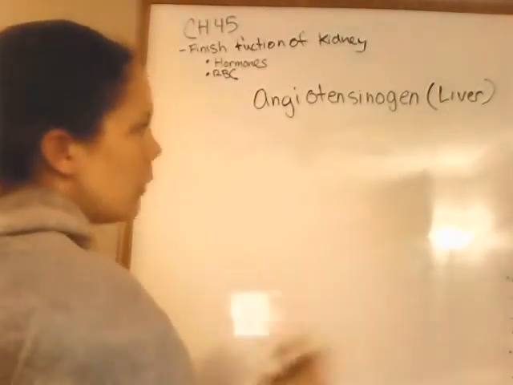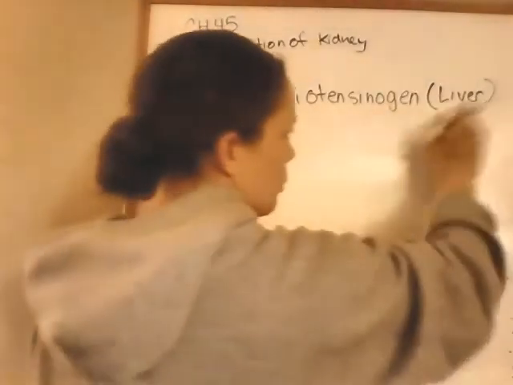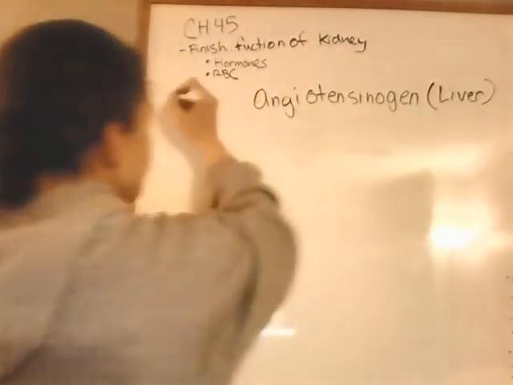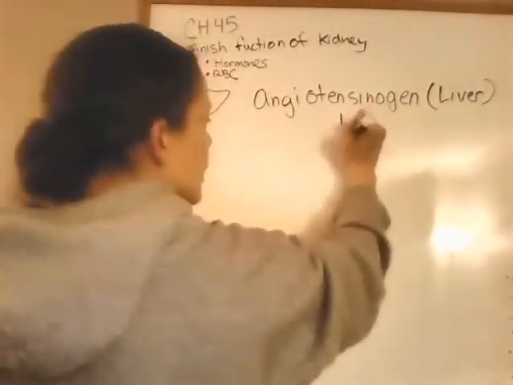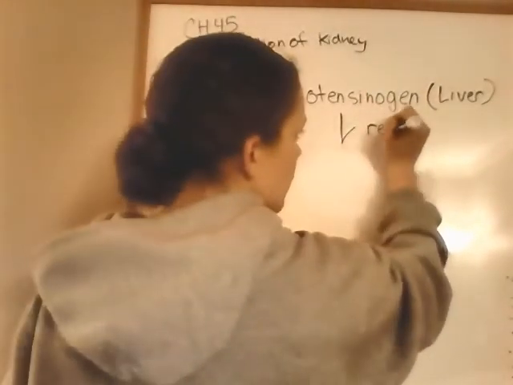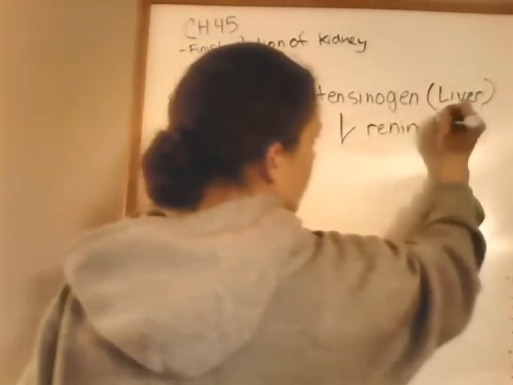Okay, so here we go. Angiotensinogen is produced by the liver. I'll draw your liver. All right, so there's your liver. It is converted by renin, and that's, of course, coming from the kidney.